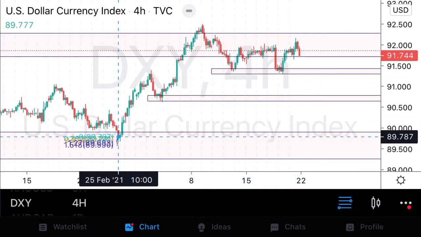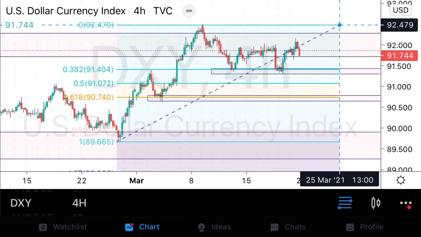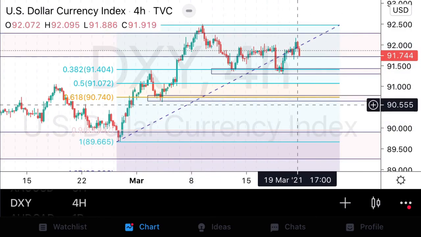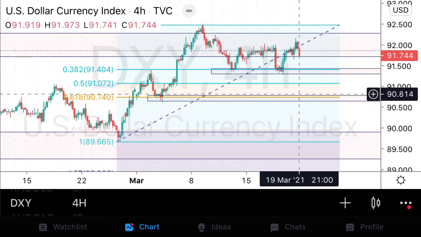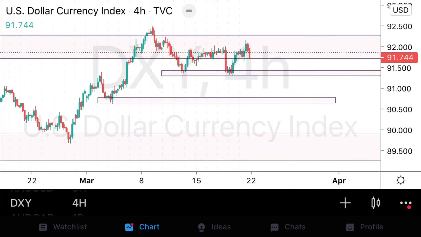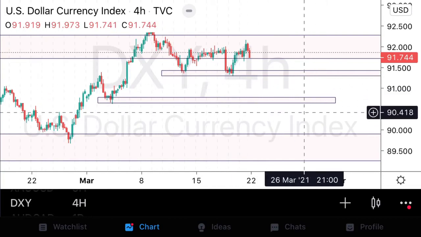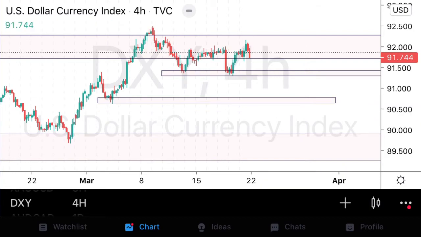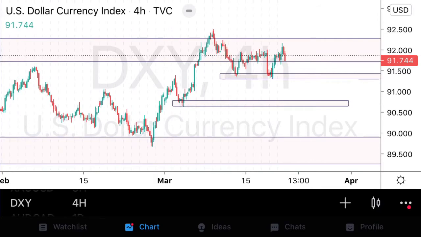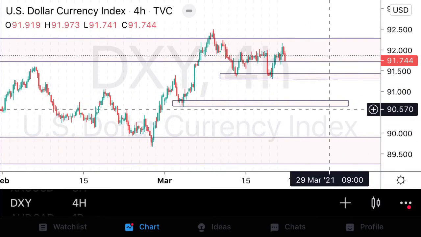If we measure from that swing low to this swing high, we can see that this level of structure aligns almost perfectly with our 0.618 Fib retracement level. So we know that there's a lot of interest at this area. At least there's going to be some buying interest from a structural perspective, as well as all of those Fibonacci traders, and whatever psychological reasons the Fibonacci retracement actually works. So there'll be a lot of buying interest in these areas here.